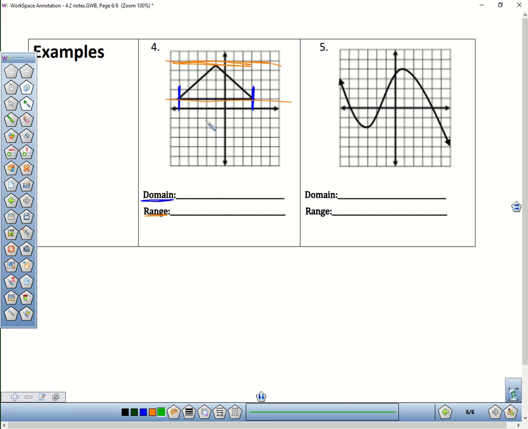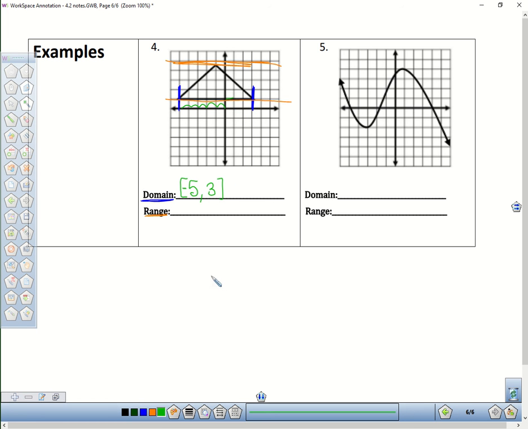So for the domain, what's the most to the left the function goes on the x? 1, 2, 3, 4, 5. -5. So it goes from -5 all the way to 3.